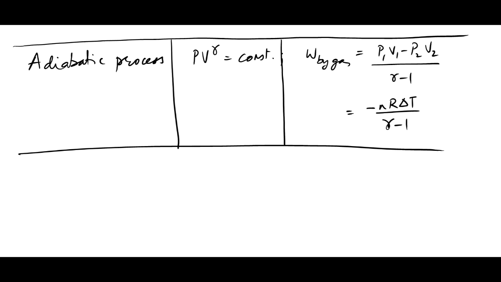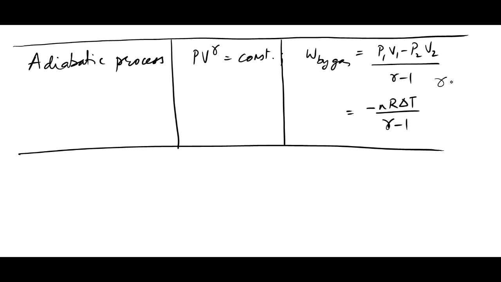Now there's something very interesting you can do with the result of the work done. And to begin, I just tabulate this thing. So in an adiabatic process, the equation which is always satisfied is P into V raised to gamma is constant, and the work done by the gas has these two equations. Now notice that gamma, which is Cp by Cv, has certain specific values.